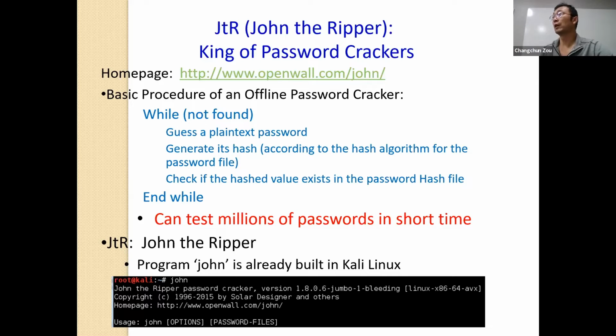So even if the user's password is not in the dictionary, you can use those password cracking software, and sooner or later they can still find the password for those accounts. Because it's offline password cracking, it can test millions of passwords in a very, very short time, in a matter of minutes.